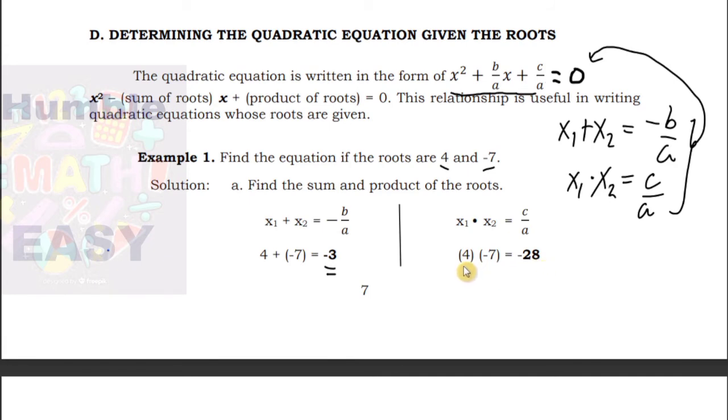Then again, as I said, the product would be the constant term, while the sum would be the numerical value of the linear term of our quadratic equation. So from here we have x squared minus negative 3x.